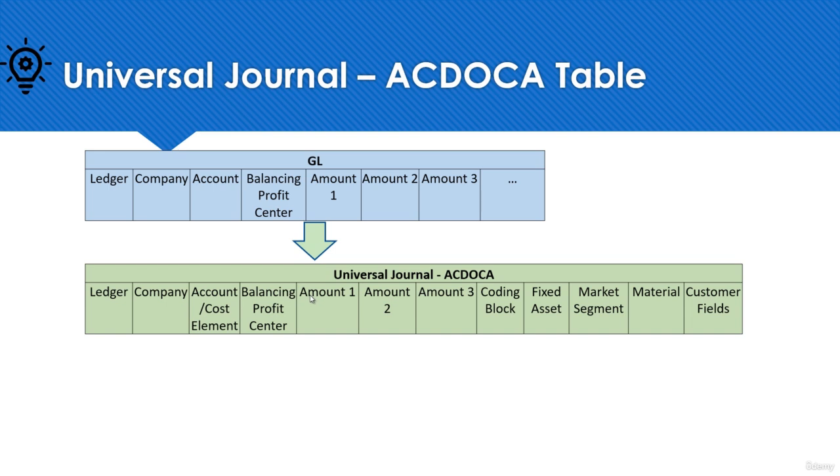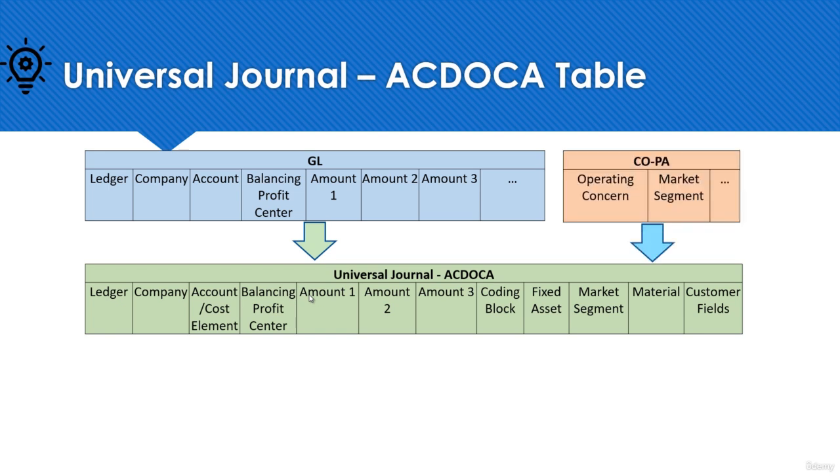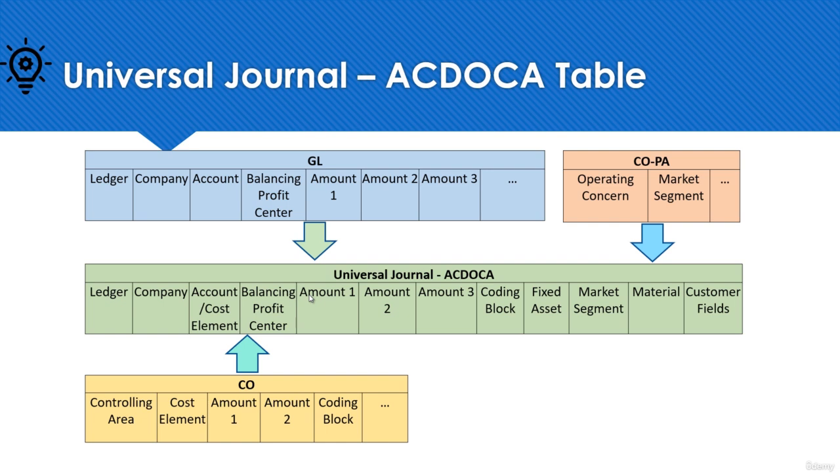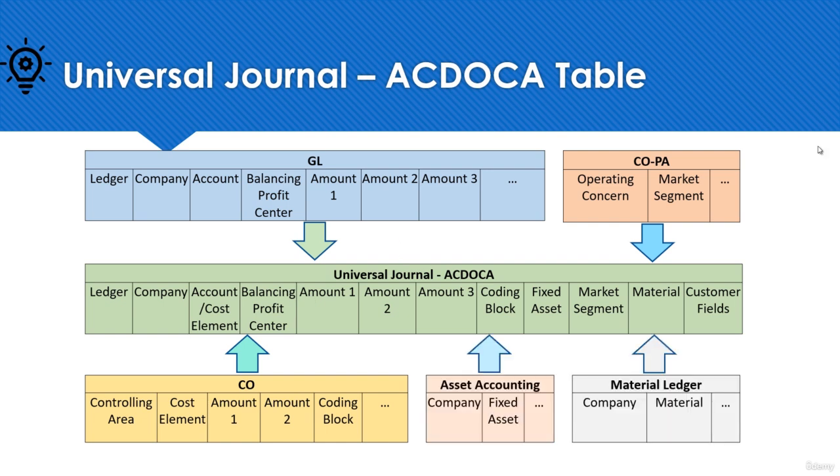It contains all the fields needed for the following components, for example, GL, COPA, CO, asset accounting, material ledger. So it means that we no longer need to do reconciliation efforts between FI and CO or between general ledger, asset accounting, profitability analysis, material ledger, as one Universal Journal will do this itself.